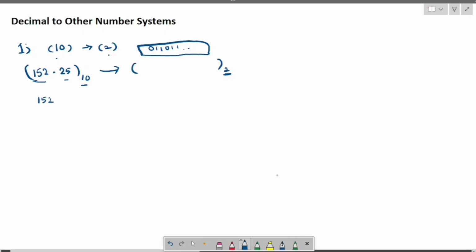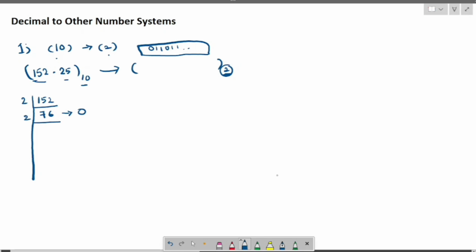The part before the decimal point will be 152. Directly take it as 152. Now divide by 2, only 2, because here we have base value 2, right? So divide by 2. It is 76, right? Again for the 76 the remainder is 0.